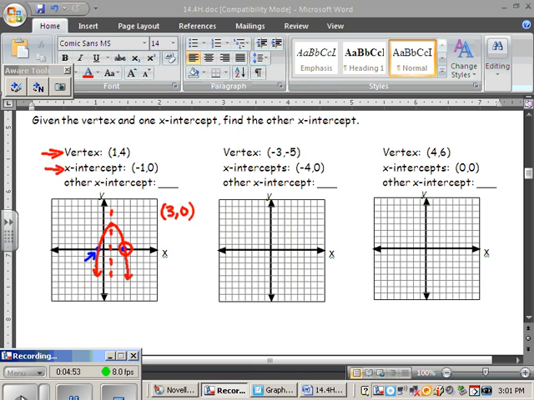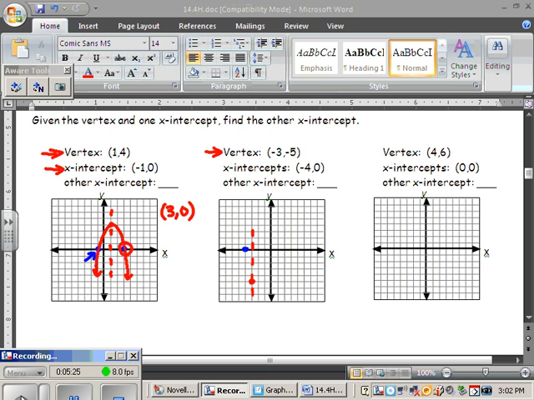Let's look at the second example. In the second example, our vertex is at (-3, -5). So I'm going to go ahead and graph that point. Then one of our x-intercepts is at (-4, 0). So the question is, where would the other x-intercept be if it's supposed to be equal distance from the axis of symmetry?